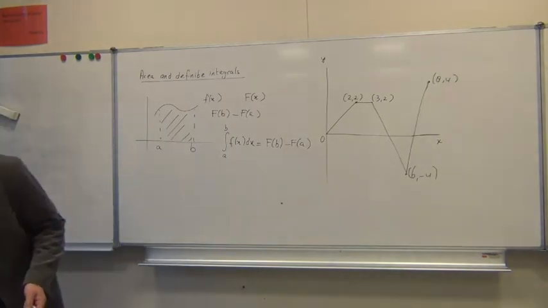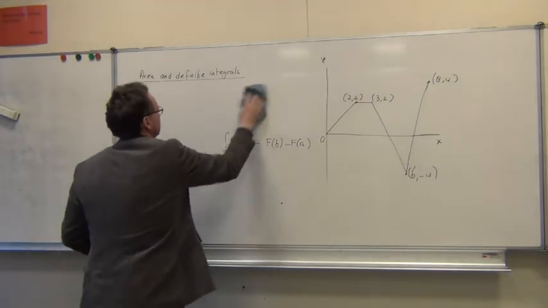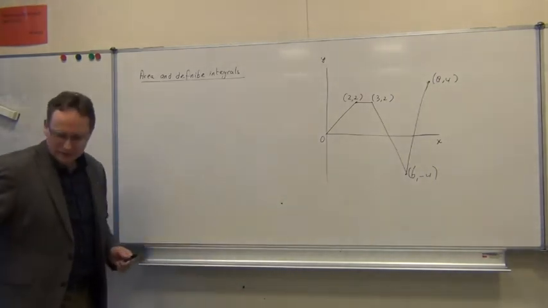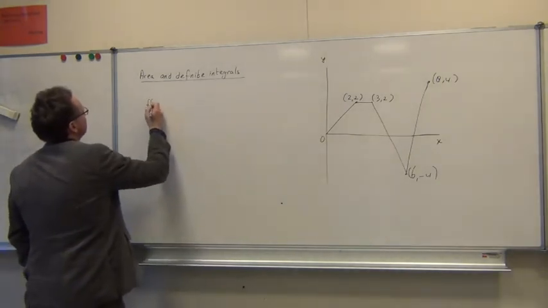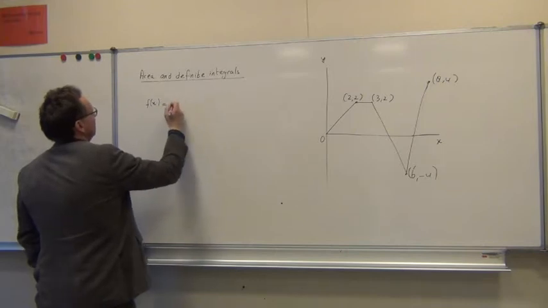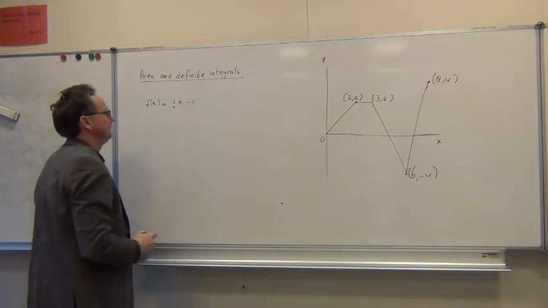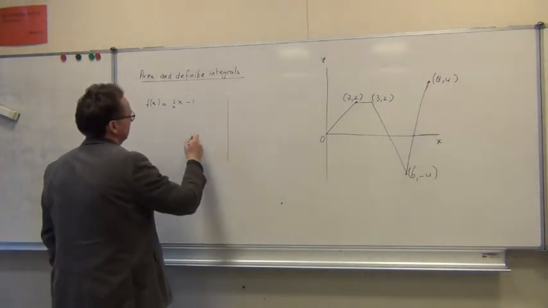So let's look at an example where you can also involve some geometry. Suppose I have f(x) is half x minus 1. So we can sketch the graph.